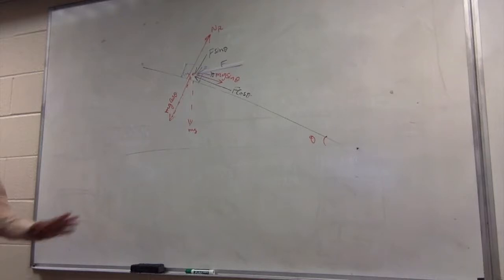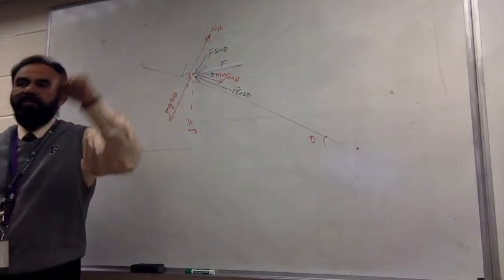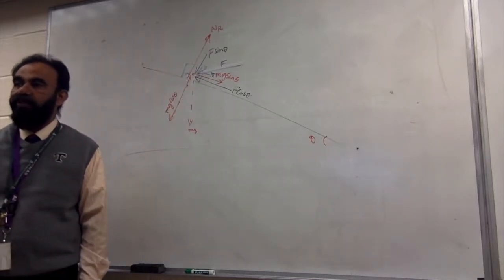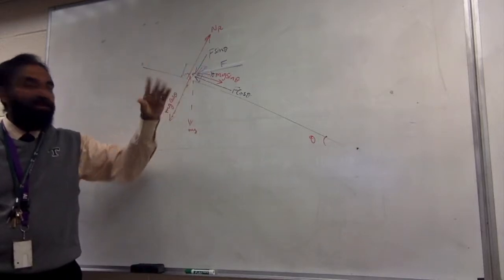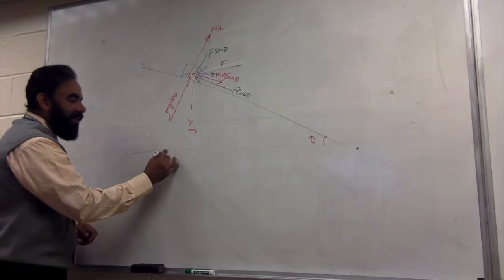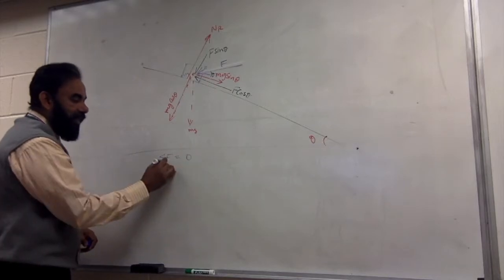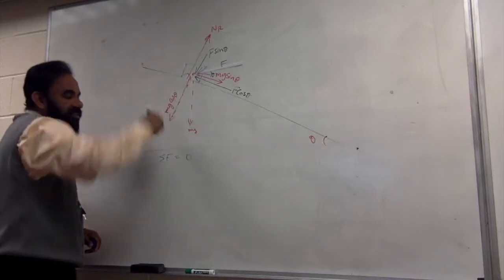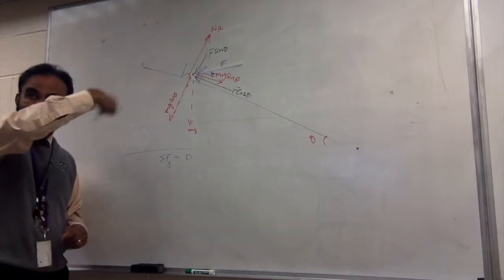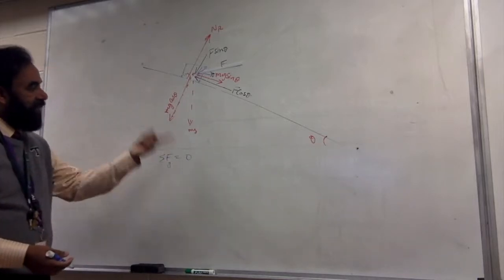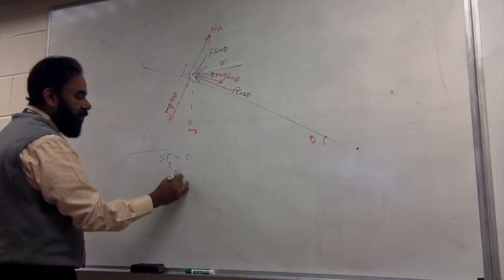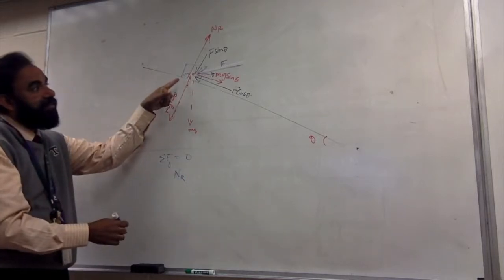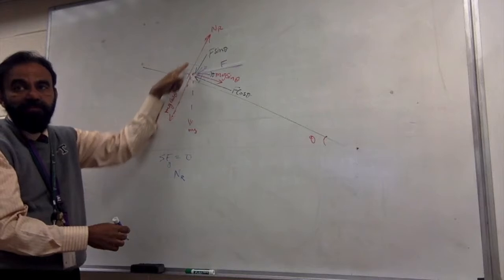Now, is this normal force mg cosine theta just like before? No, because now there's something else coming in. So what do you do now? Apply the first law once again. Net force equal to 0 in this direction, which is what we call the y direction. So list it up. What is the force that is positive? NR is positive. What else? Anything upward?